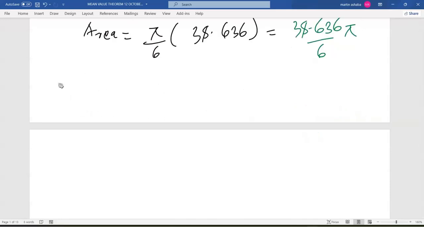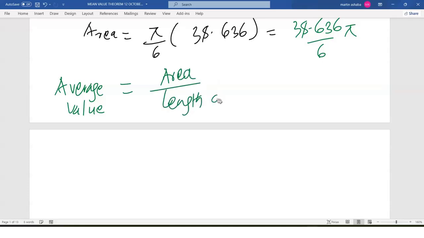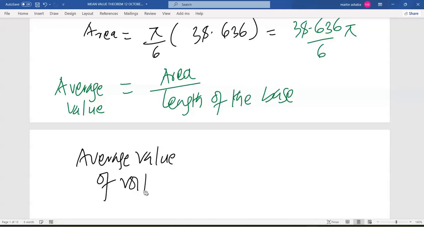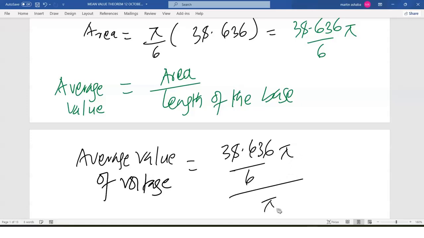Then the average value will equal the area divided by the length of the base. So the average value of voltage will equal 38.636 divided by 6 times pi, then divided by pi.